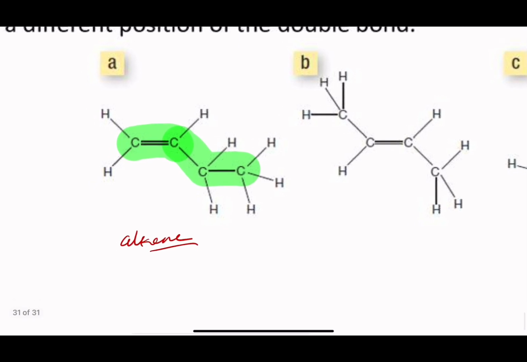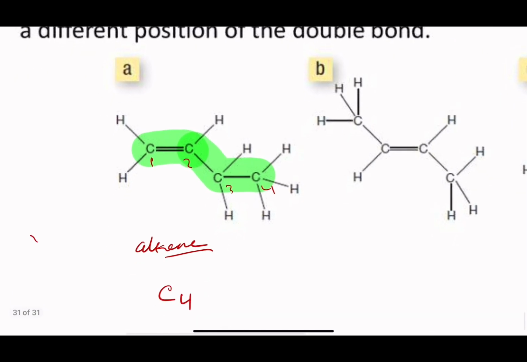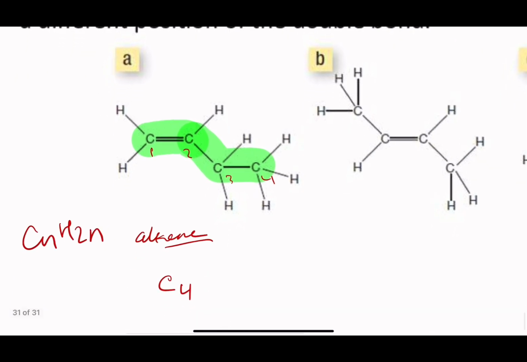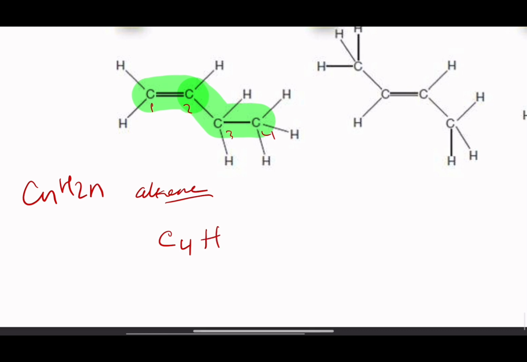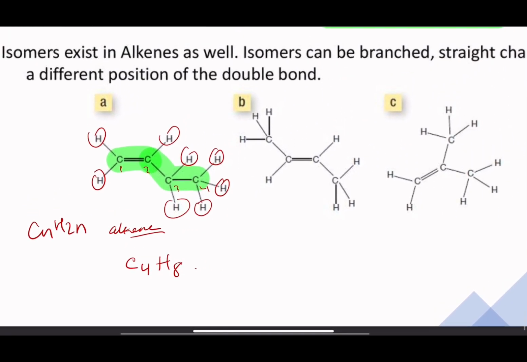And if you count the number of carbons in here, I got 1, 2, 3, 4. It'll be C4. And according to the formula, it has to be CnH2n. So I need to have 8 hydrogens, right? Let's count it. 1, 2, 3, 4, 5, 6, 7, 8. Okay, so because of one double bond, I lost 2 hydrogens.